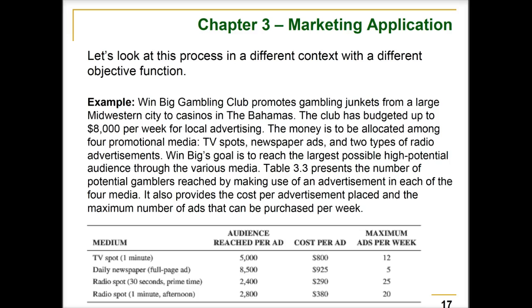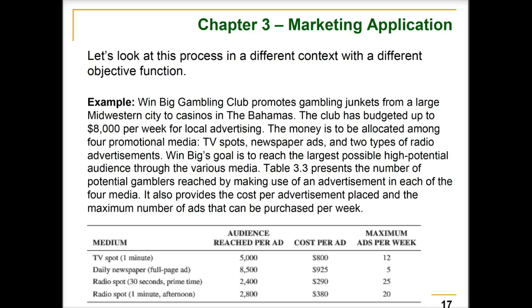What a gambling junket is basically, it's an organization that schedules you to have quote unquote business meetings, but they're really fun meetings, to put it nicely. And for this particular organization, they're trying to promote these gambling junkets so they can go to the Bahamas and let their clients have fun or whatnot.